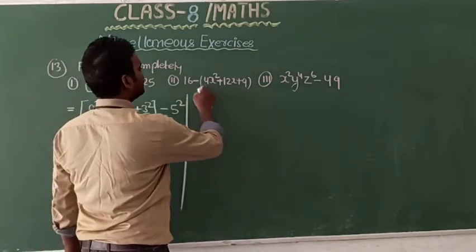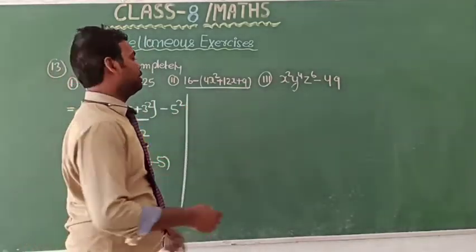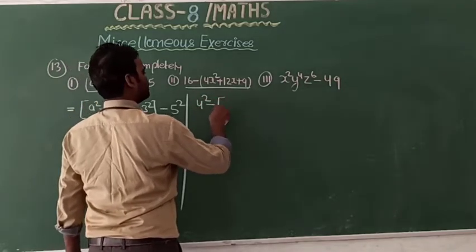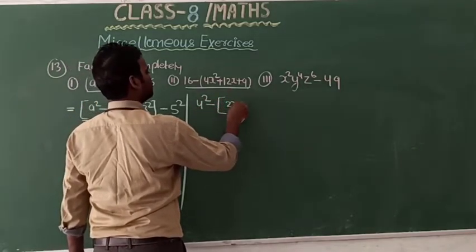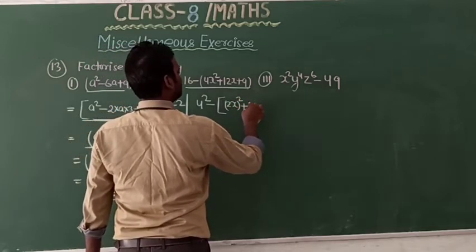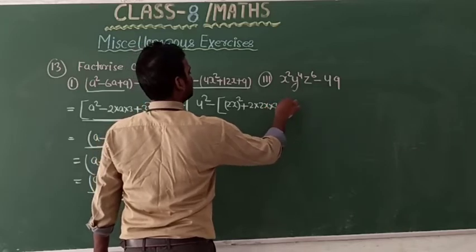This is 16 minus (4x² plus 12x plus 9). So this is also written as 4x² inside bracket (2x)² plus 2 into 2x into 3 plus 3².